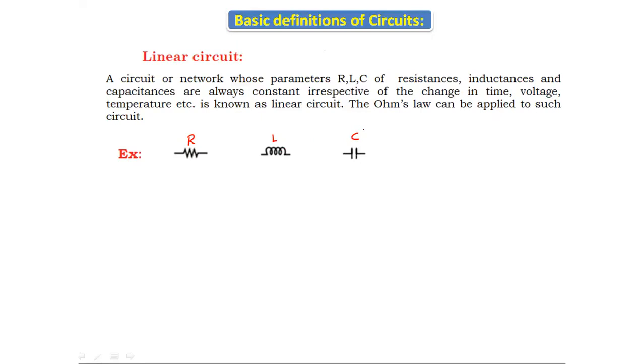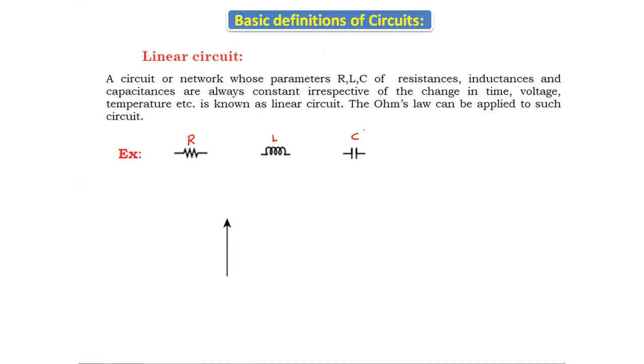The circuit which has resistor, inductor and capacitor is called a linear circuit because these elements obey Ohm's law. The values will not change if we change the voltage, current or temperature. The properties of the elements stay the same, that is, constant.